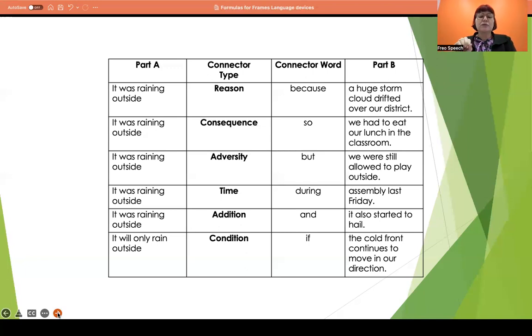Probably the ones that are used most are reason, consequence, adversity, and time, maybe. Quite a lot of them. And what we know is that young kids use "and". They use "and": it was raining outside and we had to eat our lunch in the classroom.